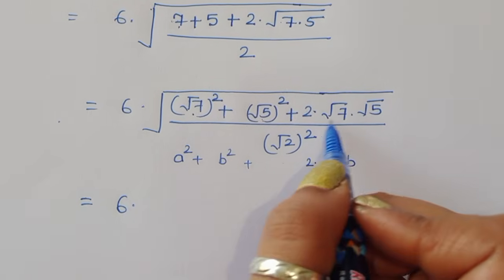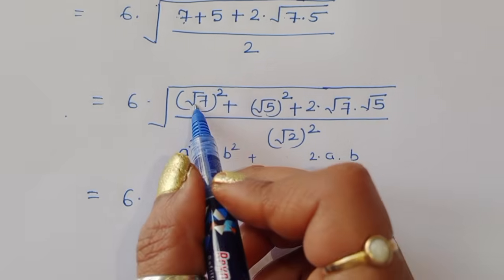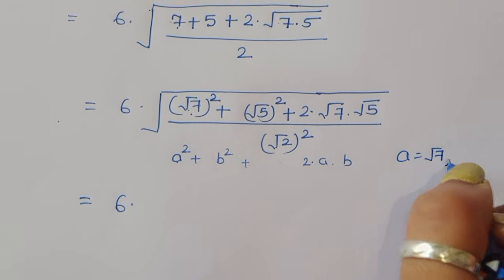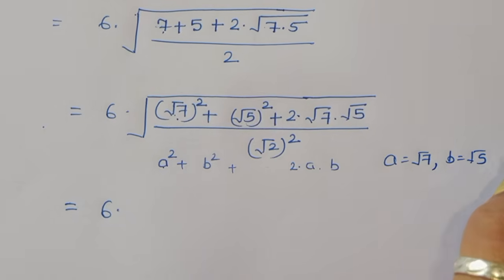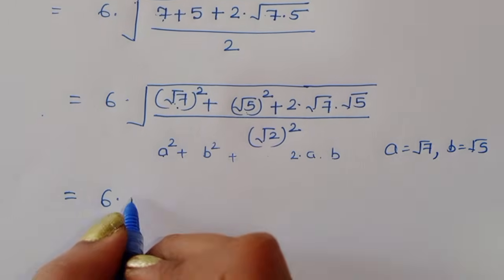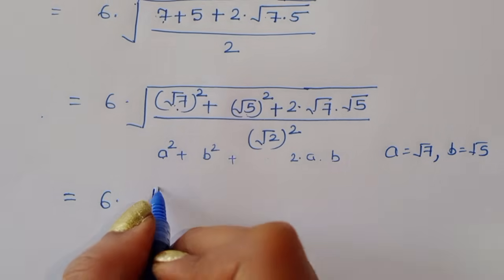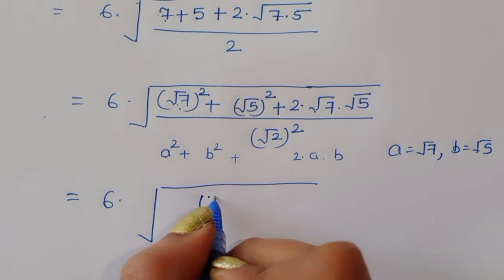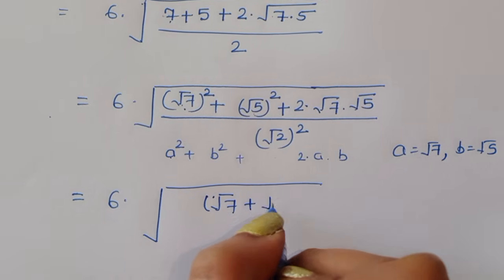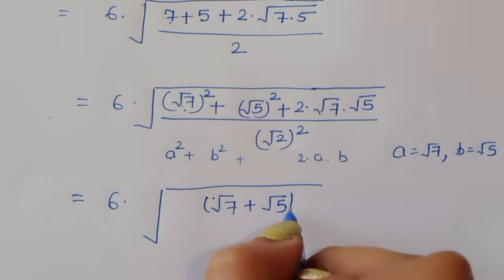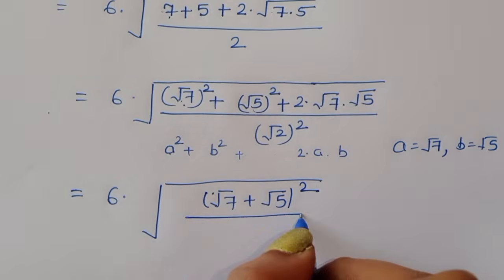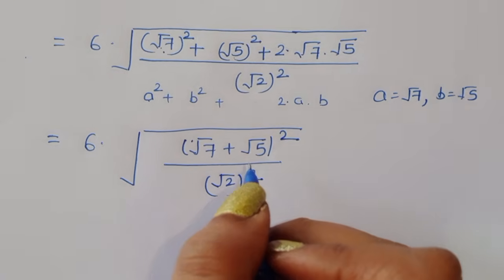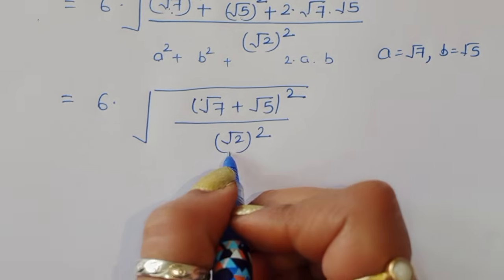So a square plus b square plus 2ab, where a is square root of 7 and b is square root of 5. Now we can write 6 times square root of 7 plus square root of 5, this is a plus b whole squared, divided by square root of 2 whole squared.